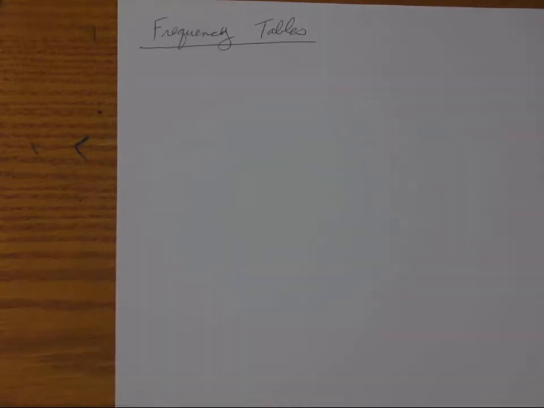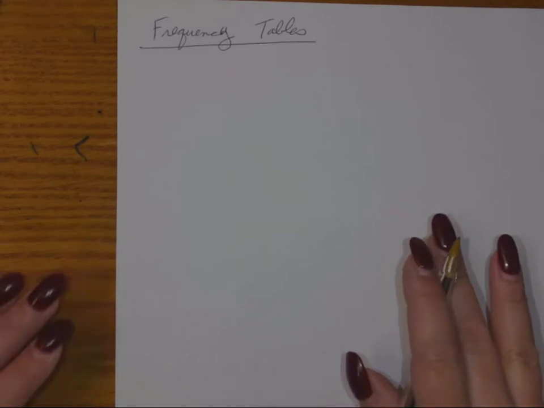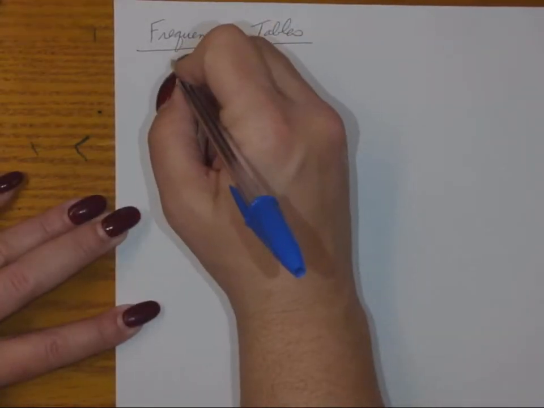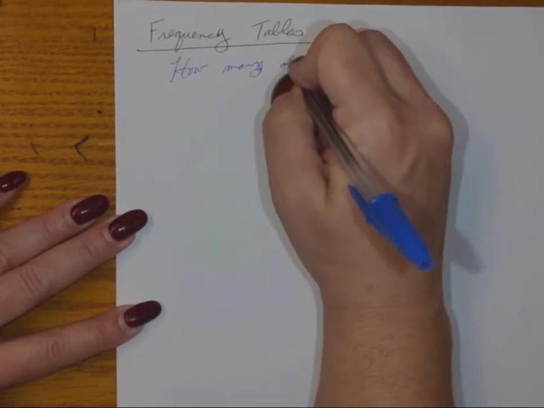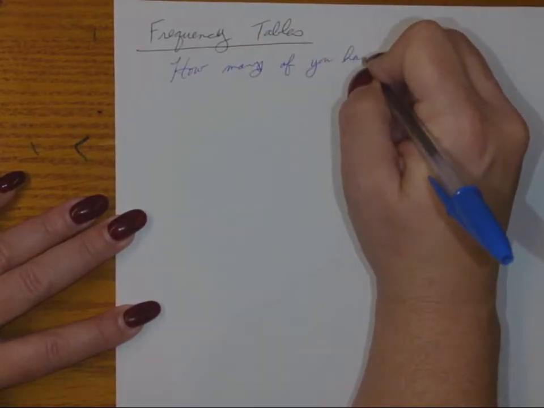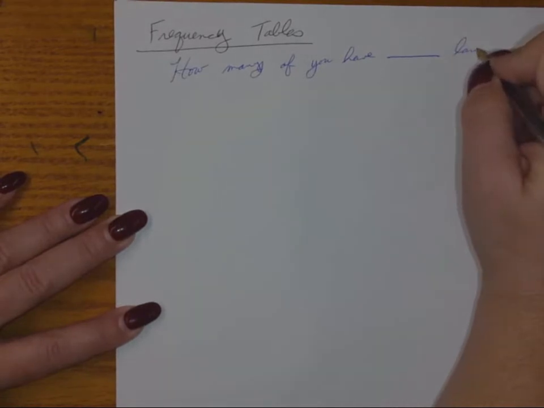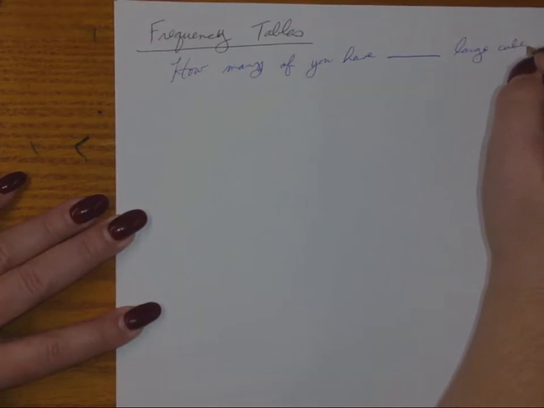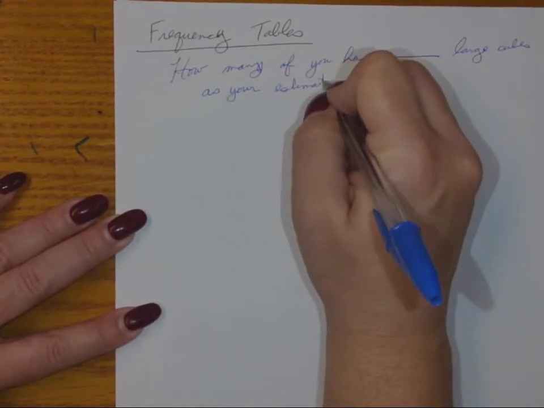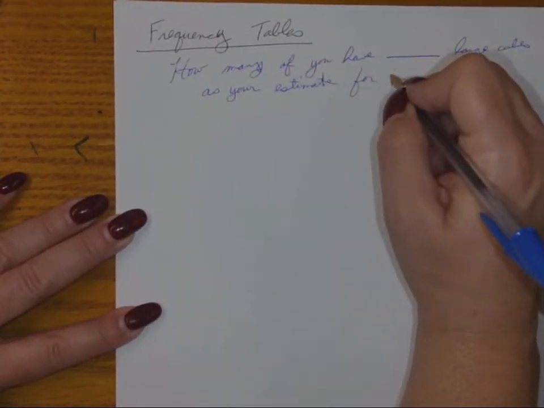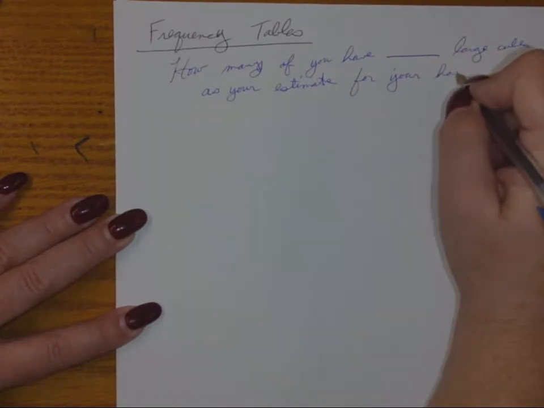If everybody has measured their hands, and then I ask you as a class, how many of you have so many large cubes as your estimate for your hand length? That's the question, right?